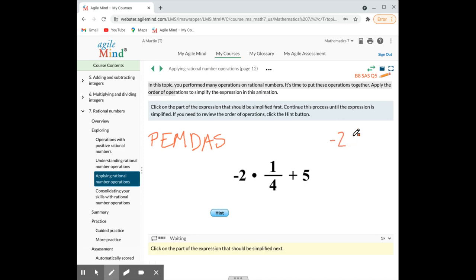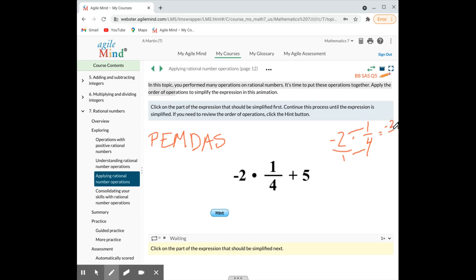So let's do that. How do I do that? What can I do to that -2 so that I can just multiply straight across? Make it a fraction. And how would I do that? Put it over 1. Good. And so -2 times 1 is? -2.